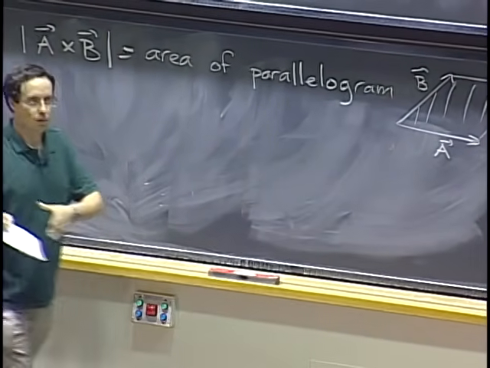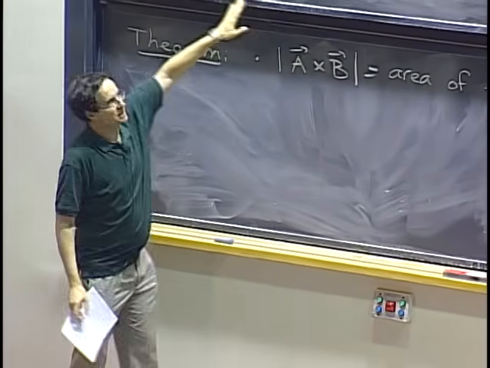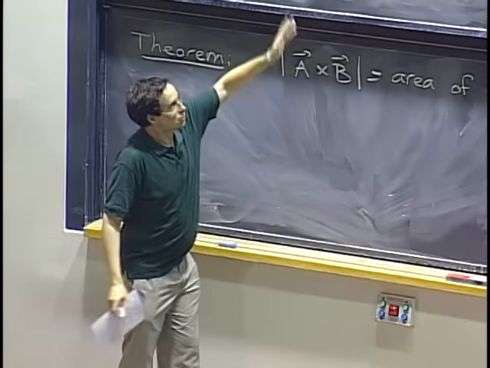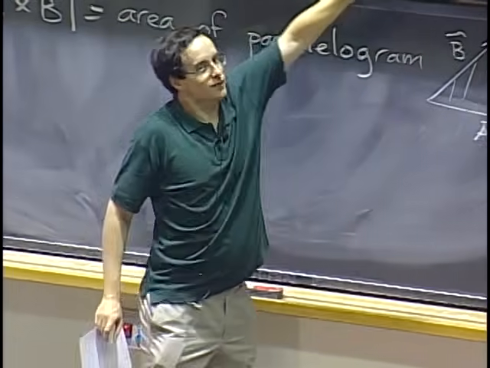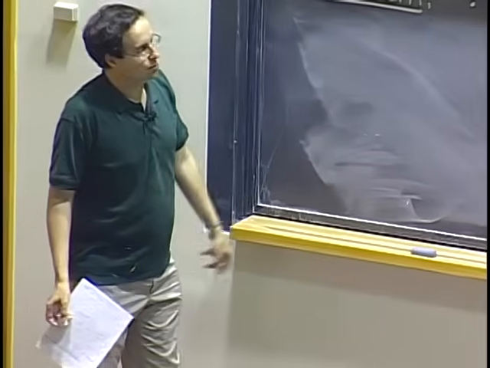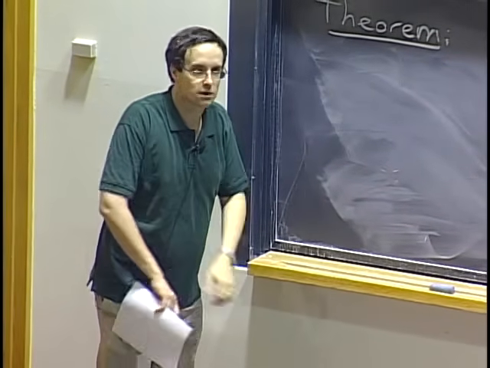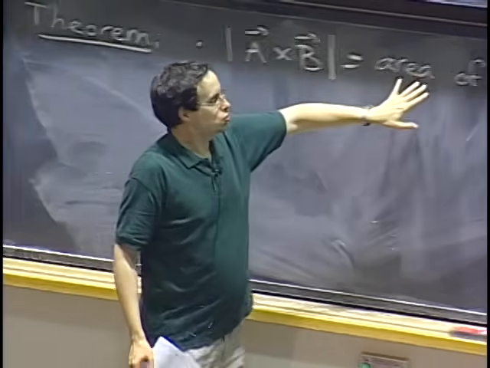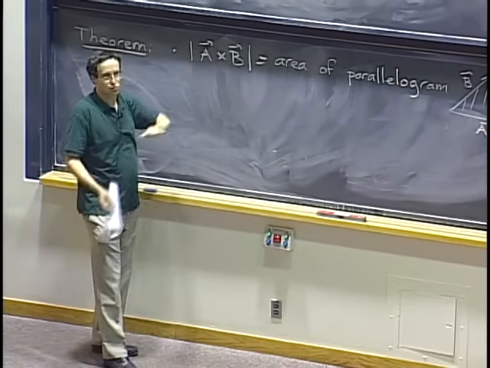So now if you have a parallelogram in space, you can find its area just by doing this calculation when you know the coordinates of the points. You do this calculation, and then you take the length. So the length, you take this squared plus that squared, square root. It looks like a very complicated formula, but it works, and actually it's the simplest way to do it. This time we don't actually need to put plus or minus, because the length of a vector is always positive. We don't have to worry about that.